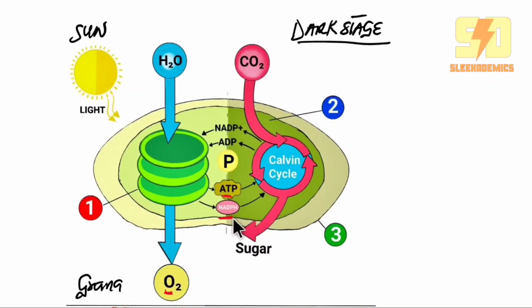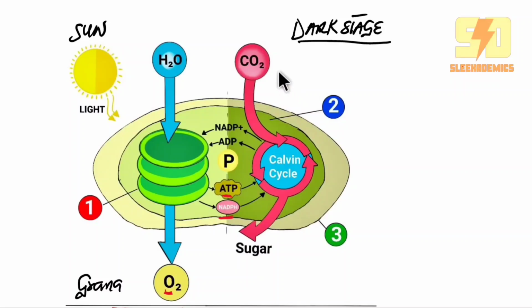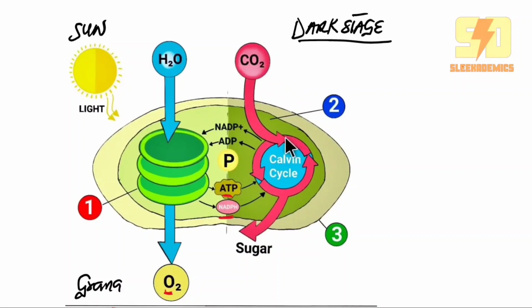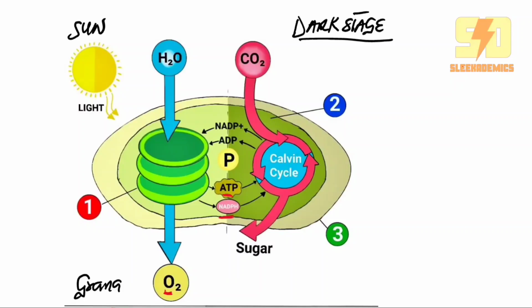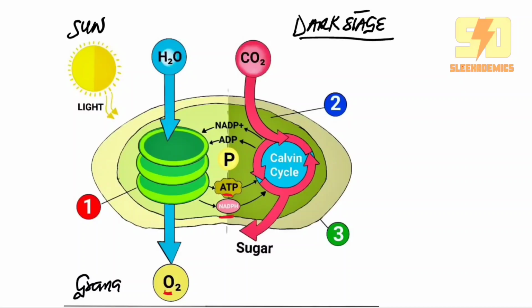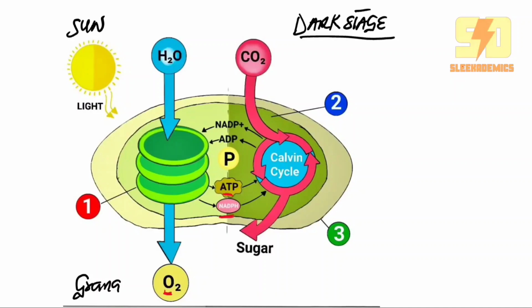At this point in the dark stage, there is introduction of CO2. Also, ATP is the driving force behind the dark stage, because ATP provides the energy needed to carry out these processes. So assimilation of CO2 is happening in the dark stage.